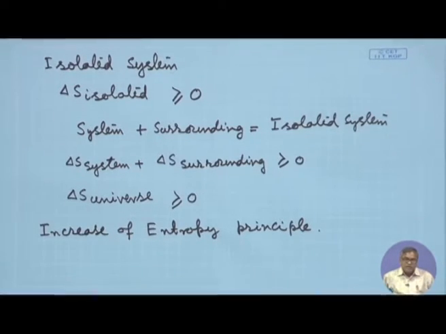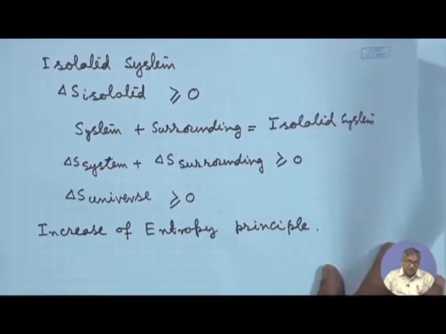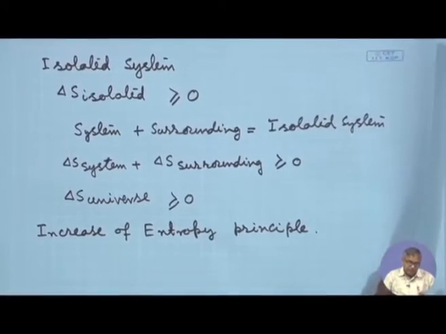The picture becomes complete if we take the concept from the second law. Then for a system that is not interacting with anybody else, it is isolated, its entropy will tend to increase and ultimately try to maximize. So, this is the conservation of energy principle and the increase, or maximization, of entropy principle.